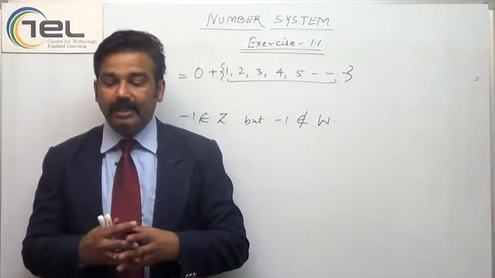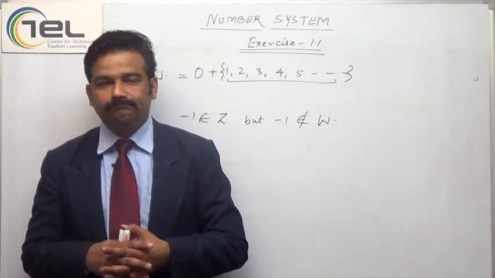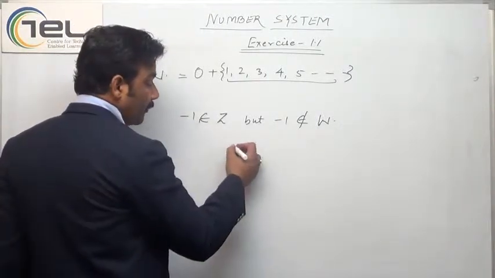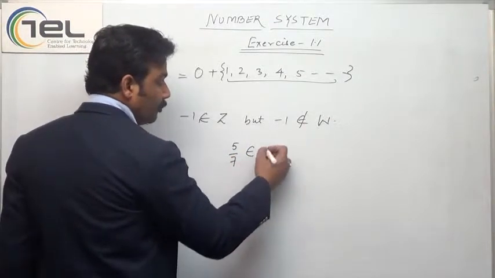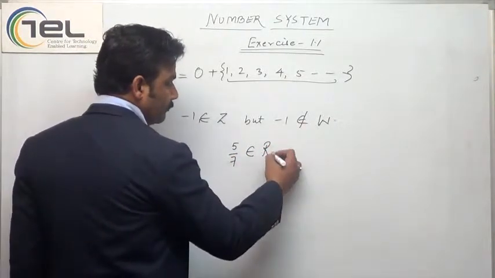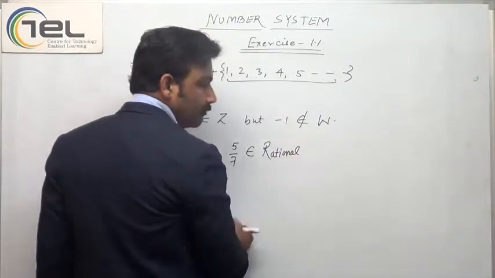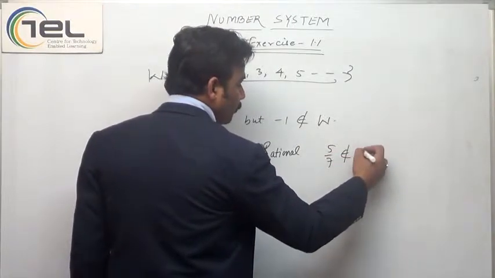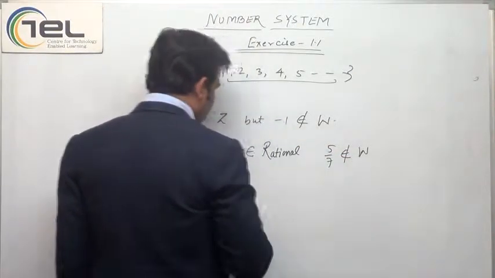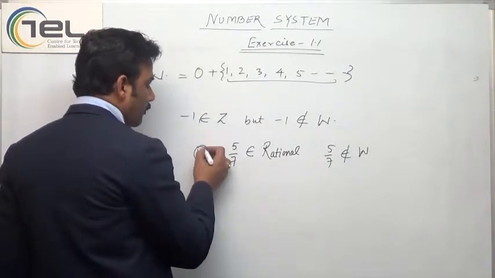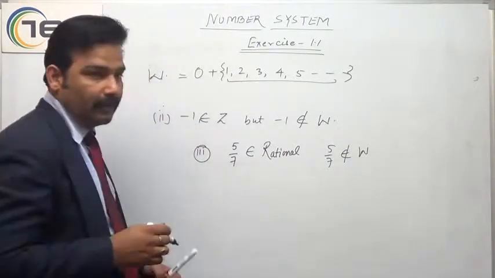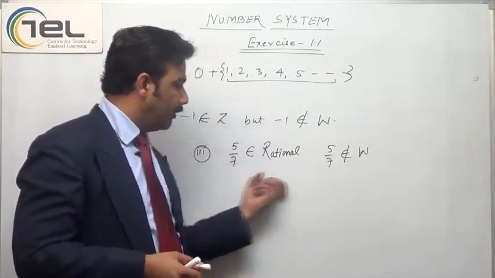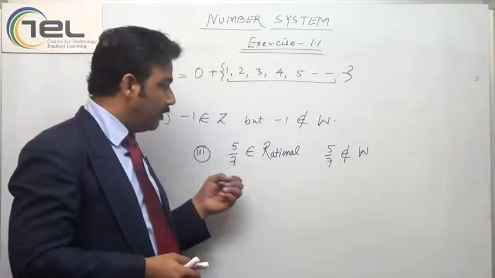Again, every rational number is a whole number. I will say 5 by 7 belongs to rational numbers, but 5 by 7 does not belong to whole numbers. I have given an example here which contradicts what he is saying.